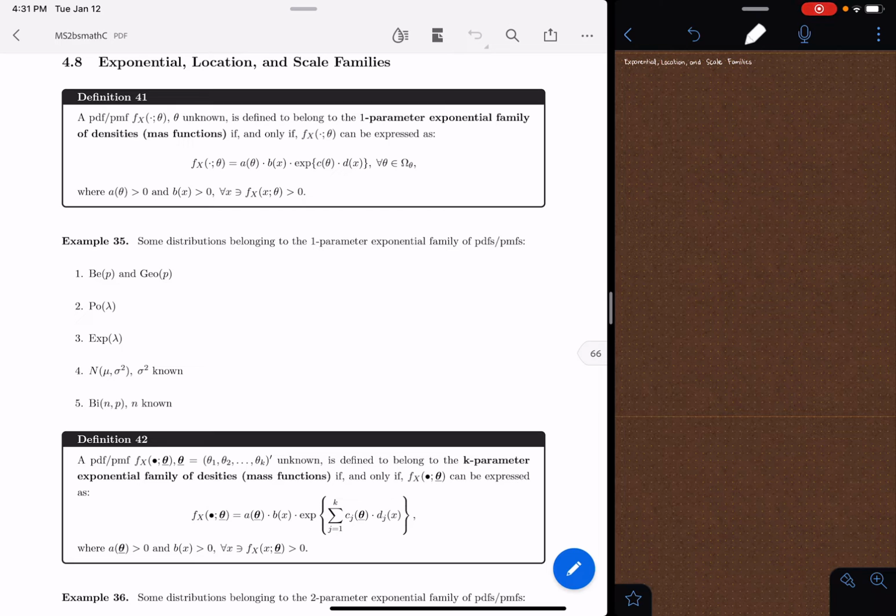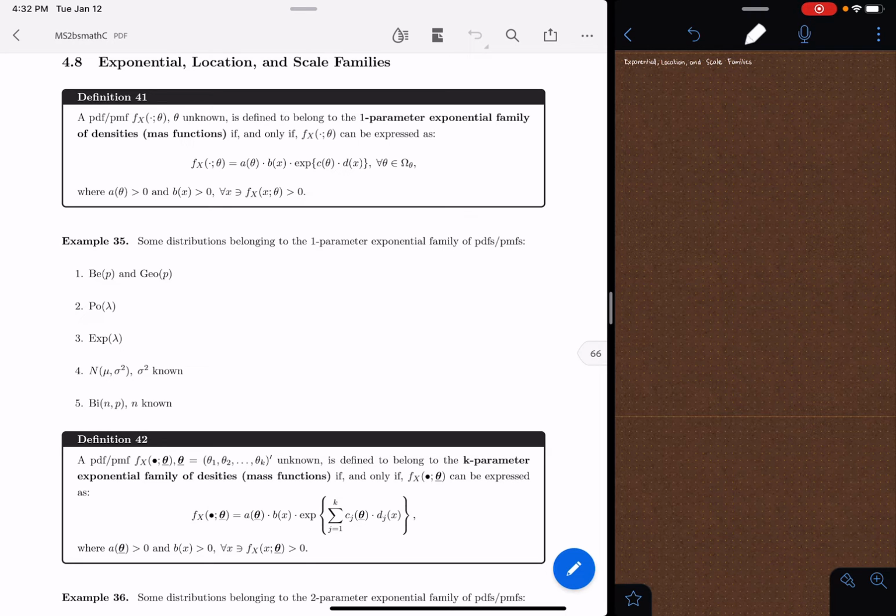Then we have b of x, a function of x alone, and then times the exponential of a function of theta alone times a function of x alone. So c of theta times d of x, for all theta in the parameter space omega sub theta, where the function a of theta should be positive and the function b of x is also positive for all x such that f sub x of x, theta is greater than 0.